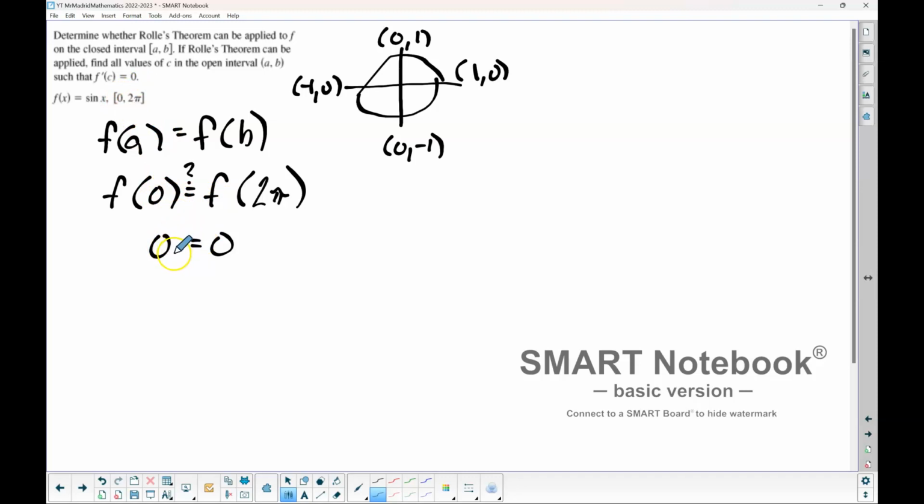If that's the case, then what does Rolle's theorem ask you to do? You want to check if this function f is continuous. And of course it is, specifically on the closed interval.